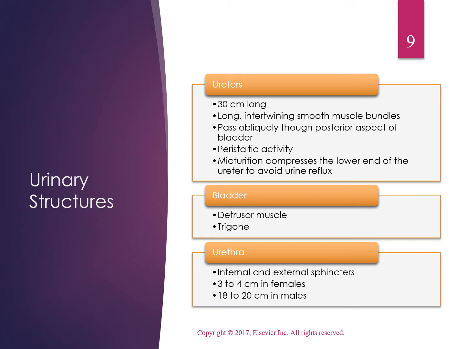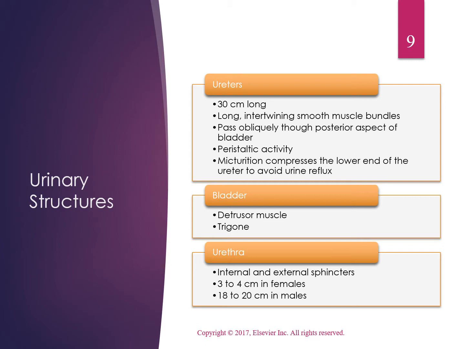Now, the ureters are 30 centimeters long. They have intertwining smooth muscle bundles. They pass obliquely through the posterior aspect of the bladder, and they have this peristaltic activity, that is a downward motion. And micturition compresses the lower end of the ureter to avoid urine reflux, because we don't want urine going back up the ureter.